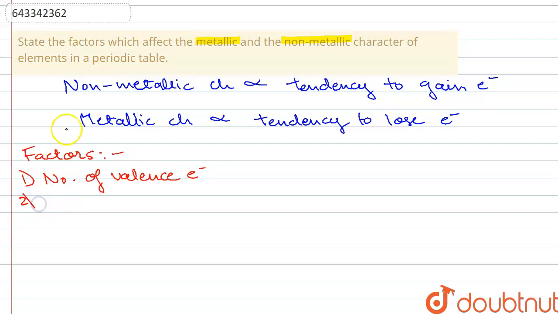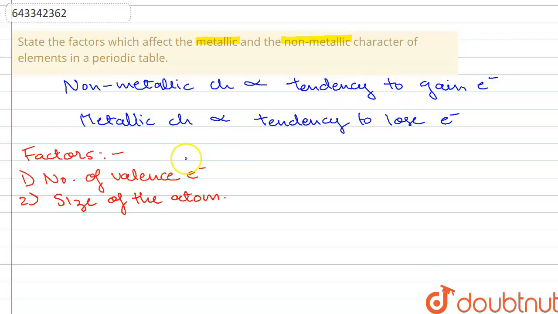Second, the size of the atom. See, the factors are totally dependent upon these things: the tendency to gain electrons and the tendency to lose electrons.